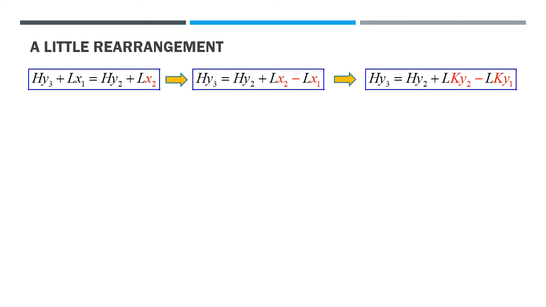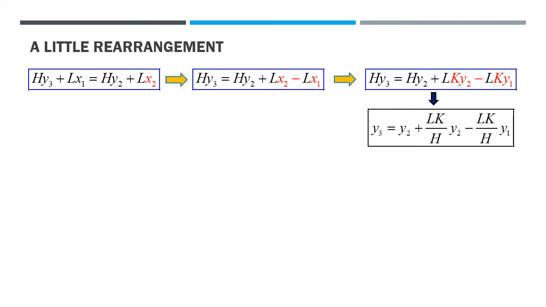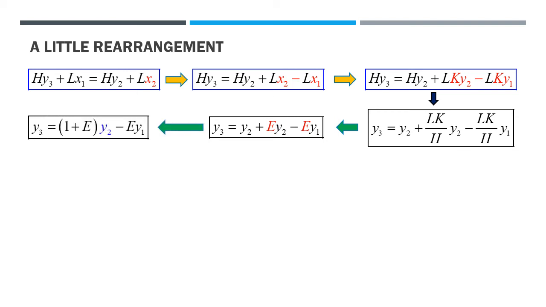So there is no x term here, which can be further simplified to get y3, that is y3 equal to y2 plus lk by h y2 minus lk by h y1. lk by h you already know, that is e. So essentially y3 equal to y2 plus ey2 minus ey1, and rearranging, y3 equal to 1 plus e y2 minus ey1.